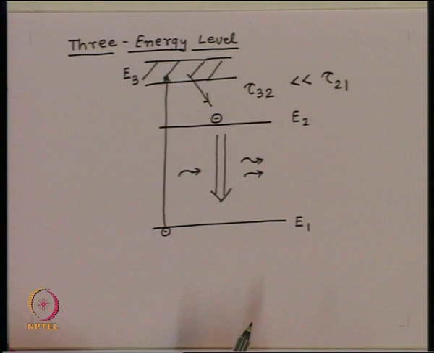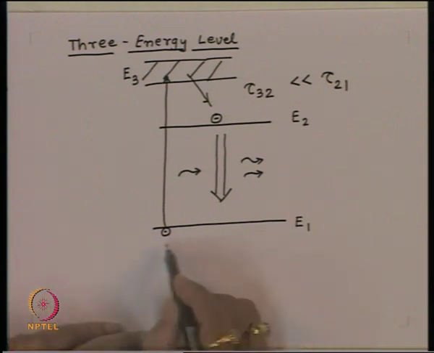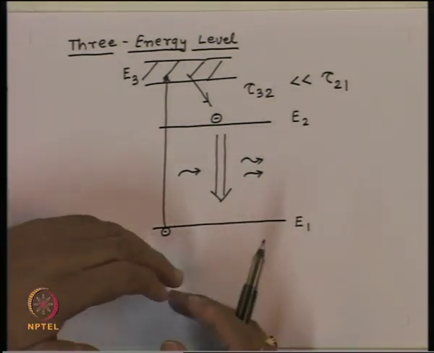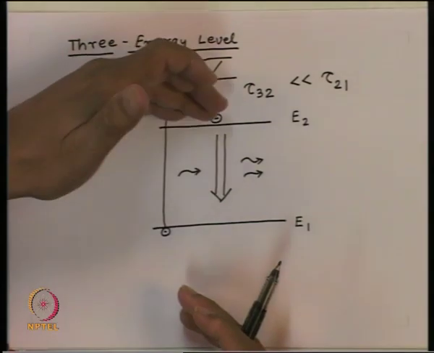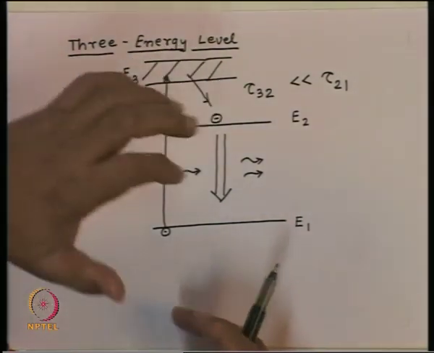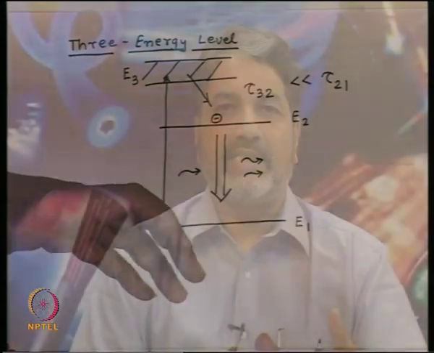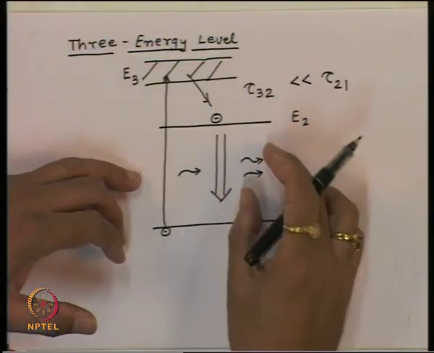So what that means is that of the total number of electrons which are there on the ground state, more than half of those electrons have to be transported to this level. Then, and only then, one can see the net stimulated emission from the system. If you do a quick calculation, a very huge number of electrons are present on the ground state, and if they were to be transported to the upper level, a huge amount of energy is to be supplied to the system to get a very tiny stimulated emission coming out of this.